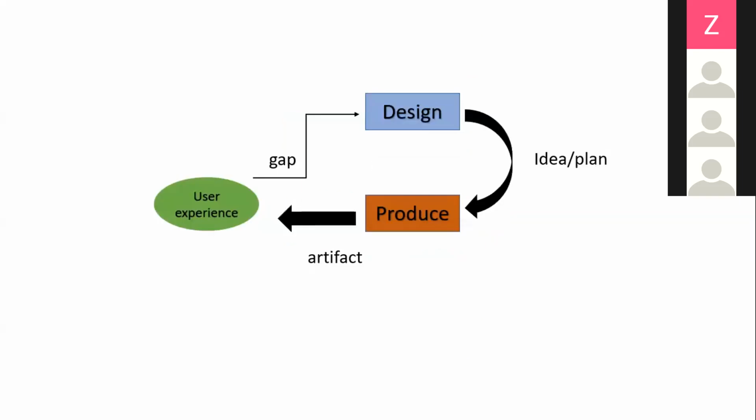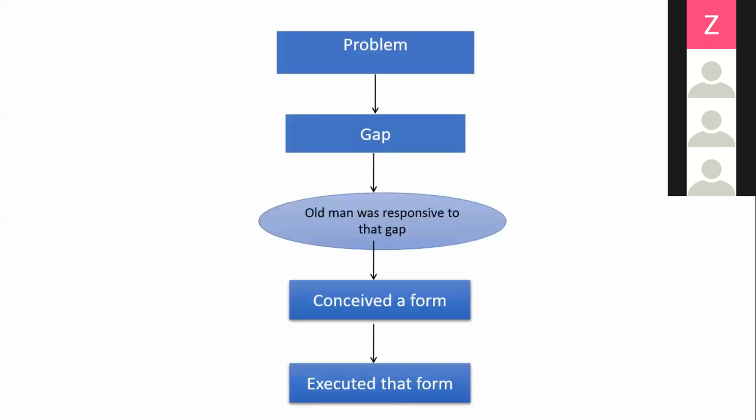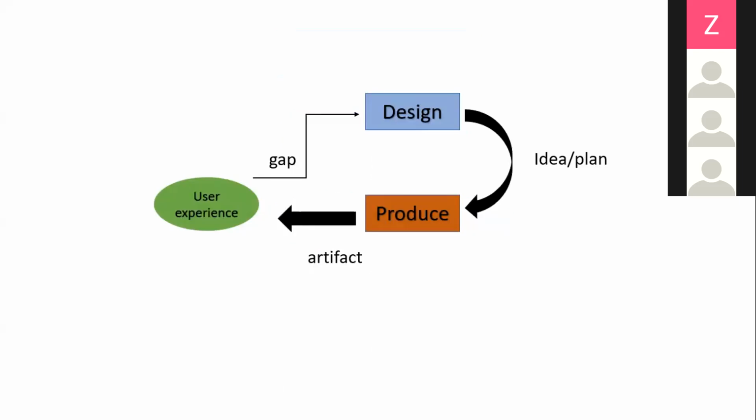So what if you see it in this particular form, because it is not a linear solution. It is actually kind of a chain process, wherein there is some user experience, then there is some gap, some level of dislike basically, and then the design process happens.